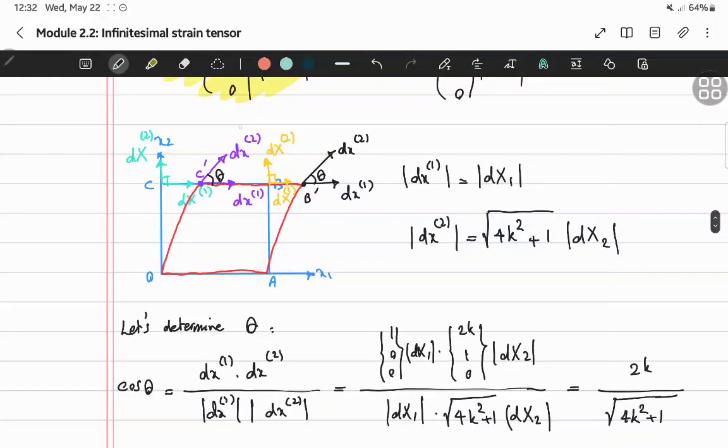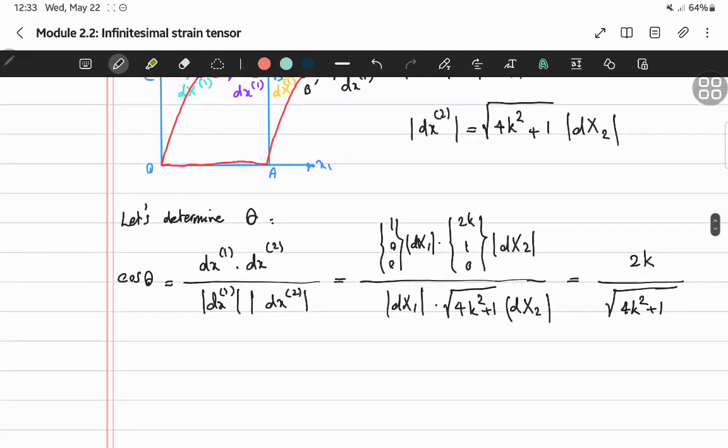So far k is just a number, and we have no assumption for k.